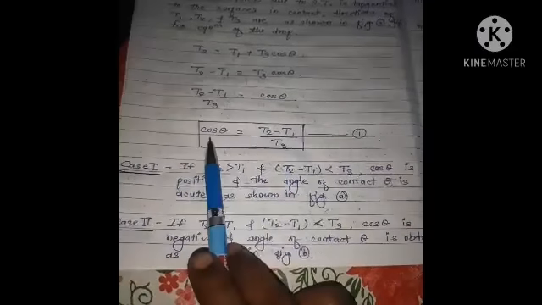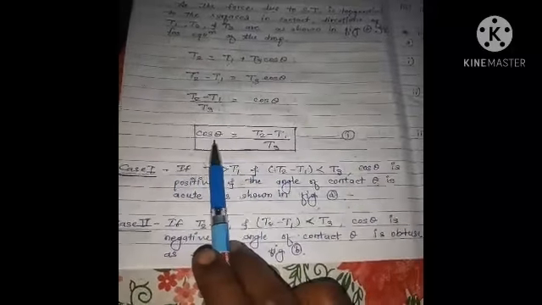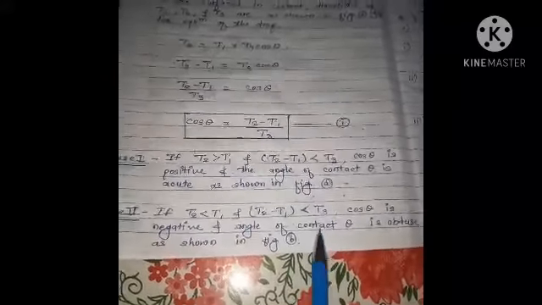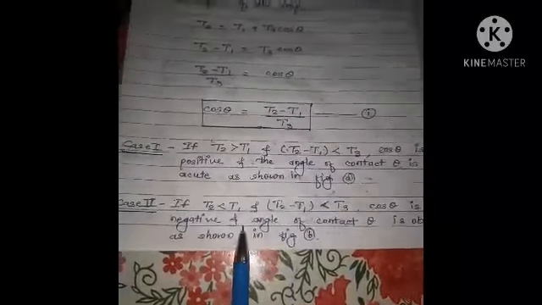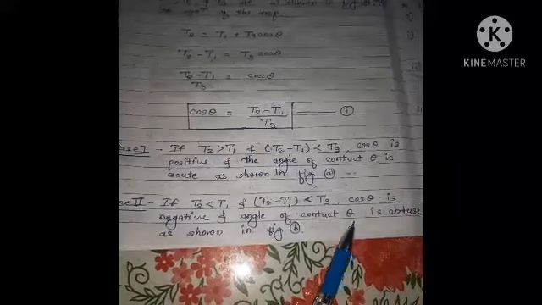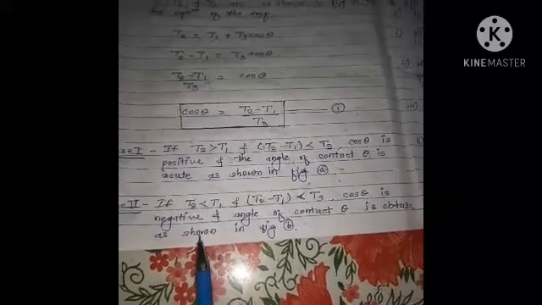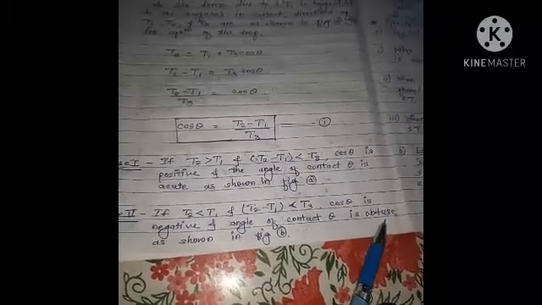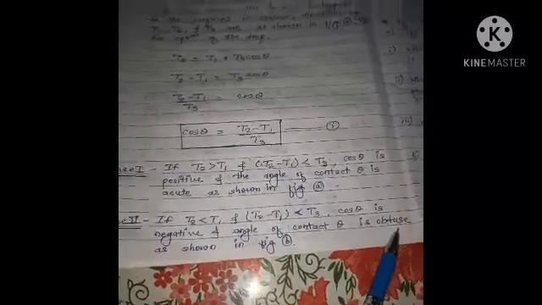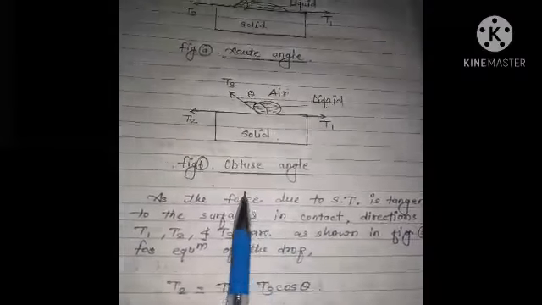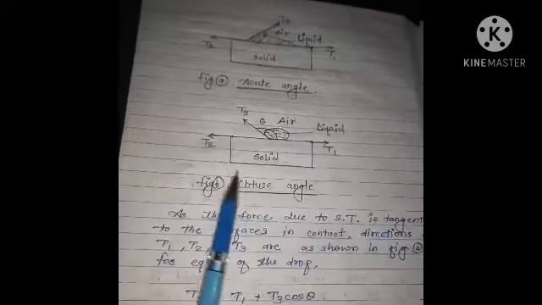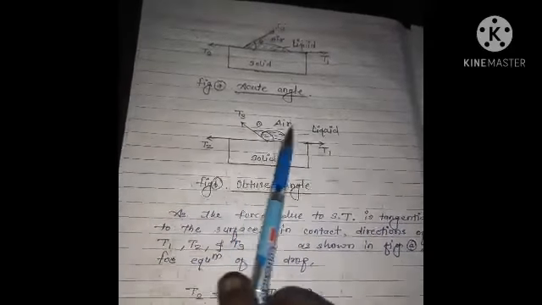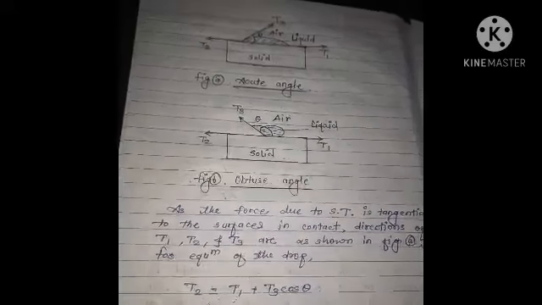So cos theta becomes negative. Therefore cos theta is negative and the angle of contact theta is an obtuse angle. Obtuse means greater than 90 degrees. This was the diagram for the second case.